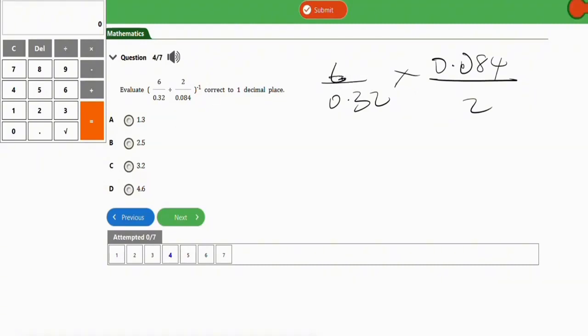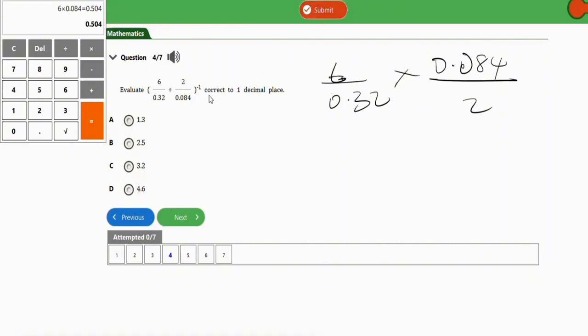So let's punch this on the calculator to simplify. So we have 6 times 0.084. So what's the output? We have it to be 0.504. Okay, so 0.504.